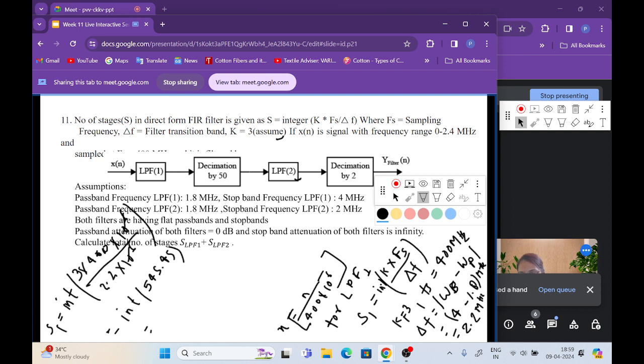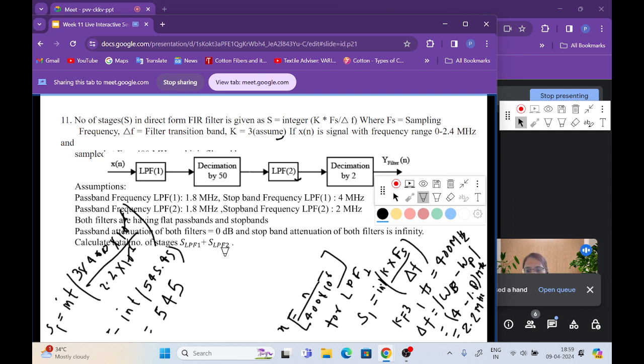So how much will we get? 545. So the number of stages for low pass filter 1 is 545. Note it down. That is S1.